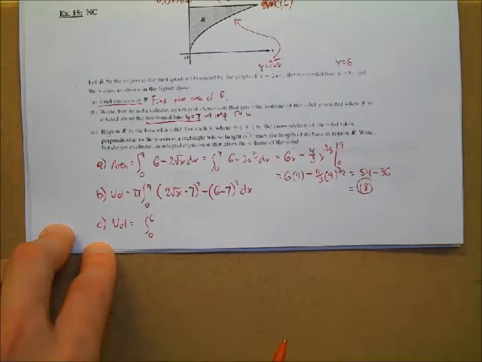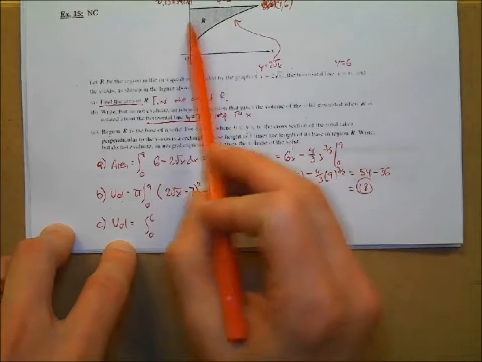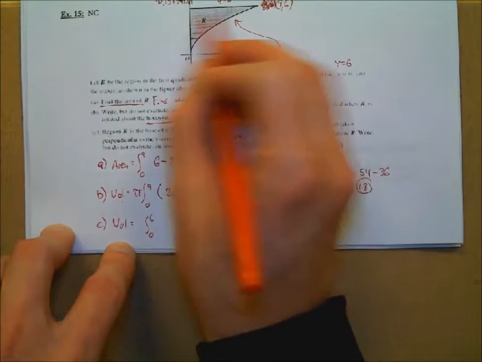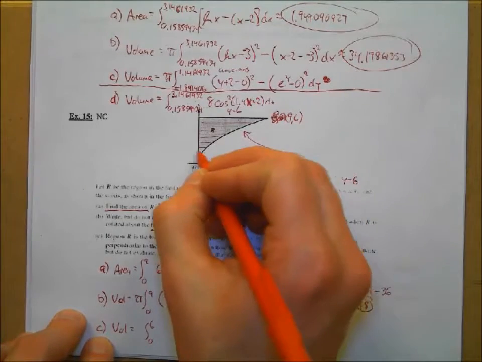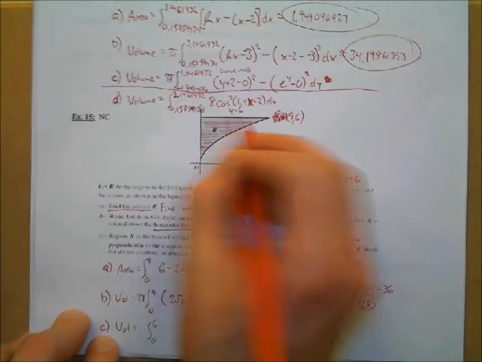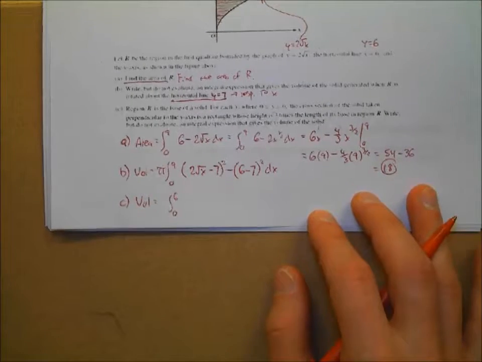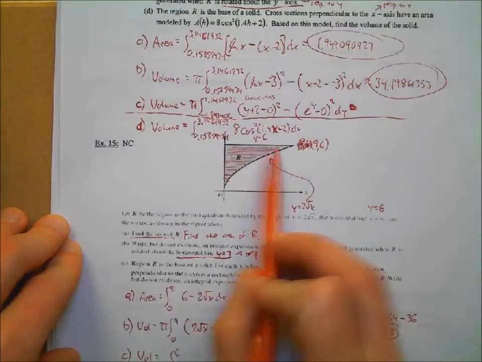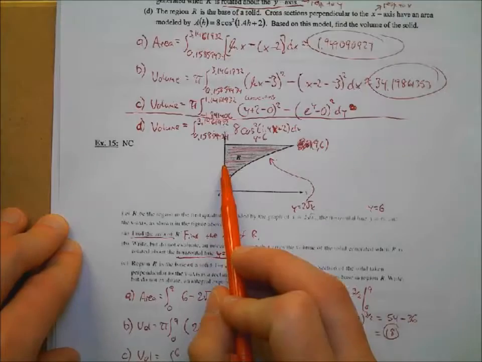So we're talking about a rectangle here, and our cross section is going to be perpendicular to the y-axis. We're going to build up a bunch of these rectangles. The rectangle area formula is side times height. What is determining the side length of the rectangles? From the y-axis to the 2 root x.